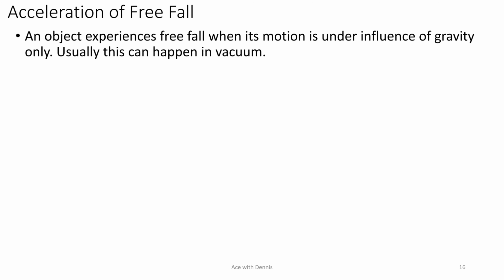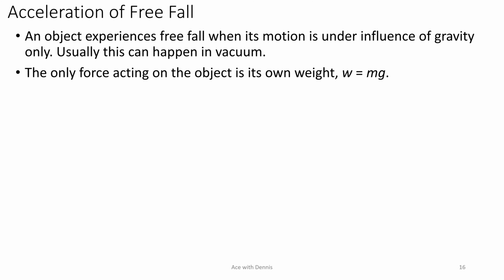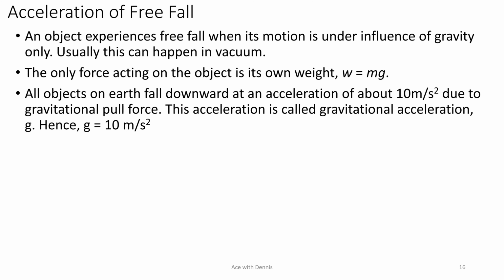Acceleration of free fall. An object experiences free fall when its motion is under the influence of gravity only. Usually, this can happen in a vacuum. The only force acting on the object is its own weight, W equals mg. All objects on Earth fall downwards at an acceleration of about 10 meters per second squared due to gravitational pull force.